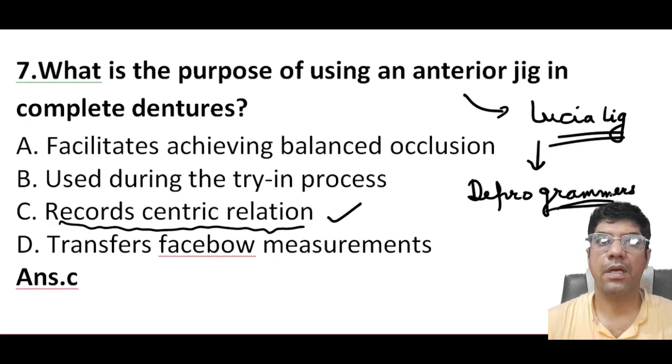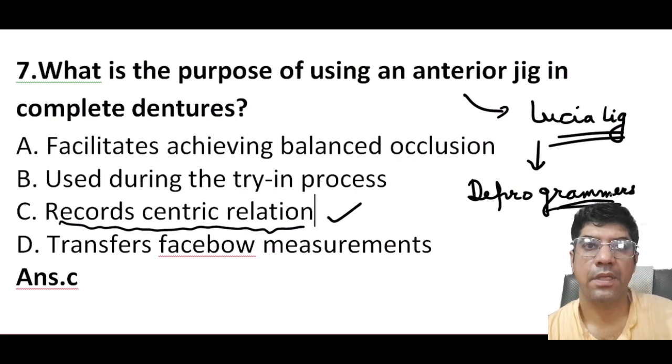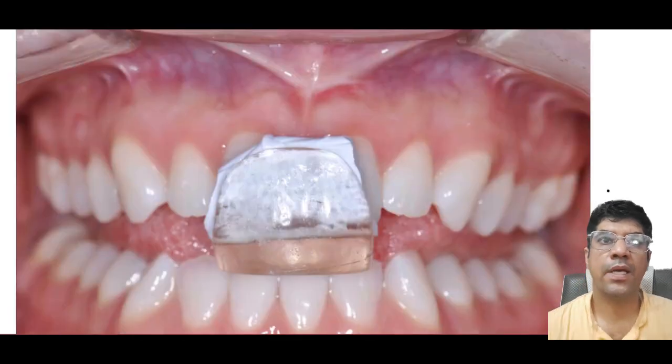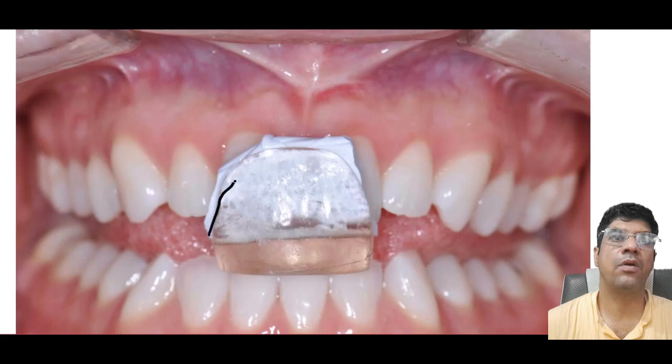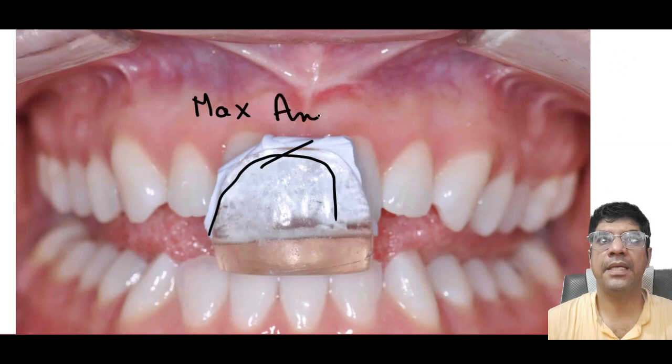It is used to record the centric relation of the mandible. It is a small acrylic appliance that is placed on the maxillary anterior teeth.